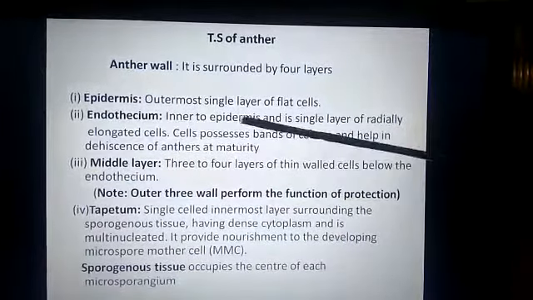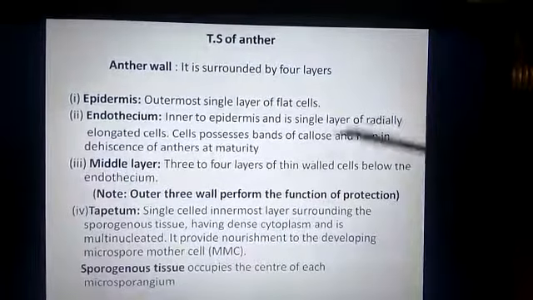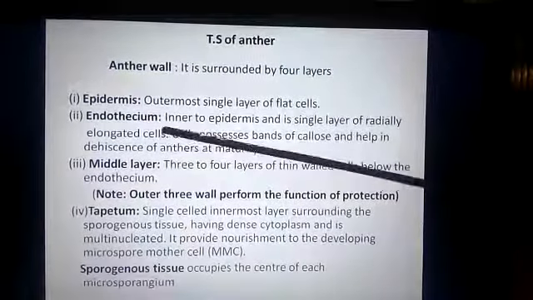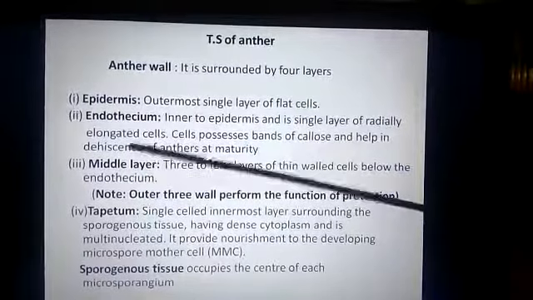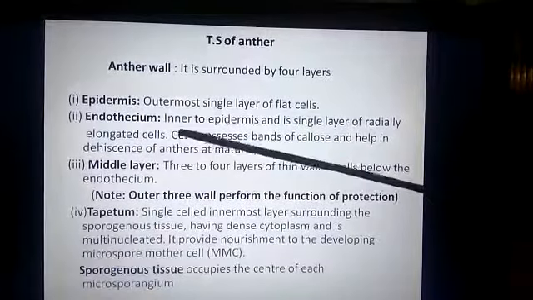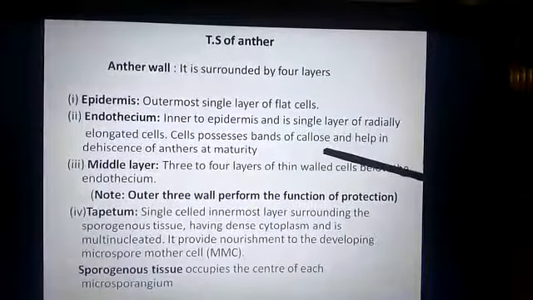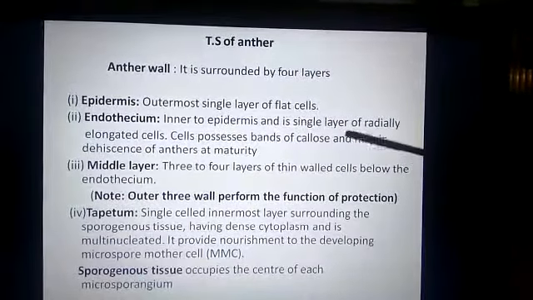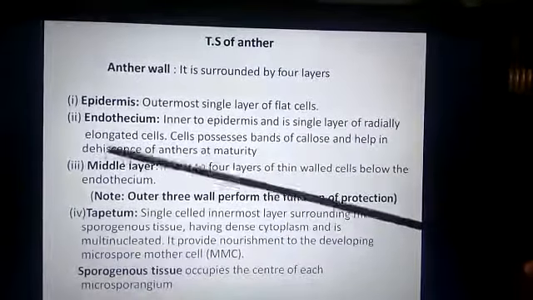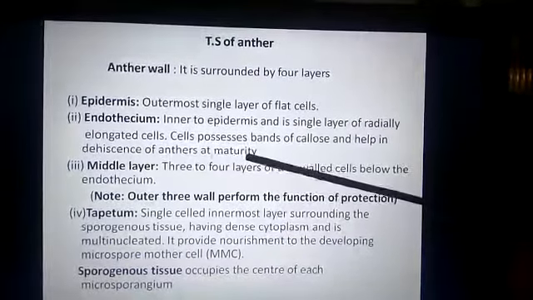Endothecium is inner to epidermis and a single layer of radially elongated cells. They are also a single layer, but they are radially arranged. These cells possess bands of callus and help in dehiscence of anthers at maturity.